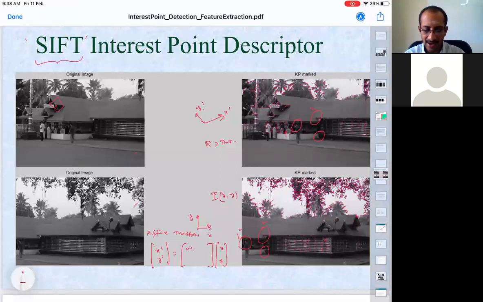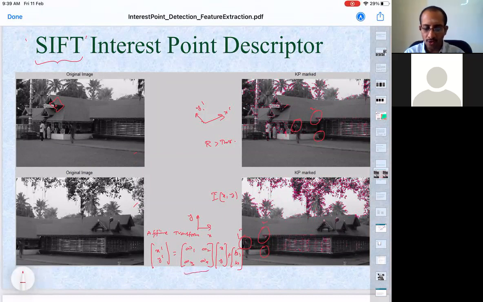There, A1, A2, A3, A4 define the affine transformation, and these in turn define the rotation, scaling, shear, translation, all those things. Putting these two together, what we have is the global transformation between image 1 and image 2.